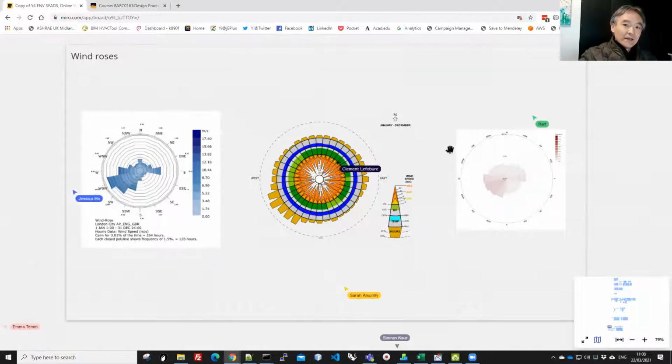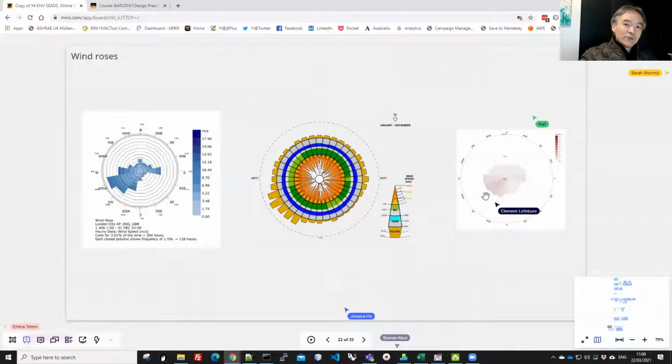And on the right-hand side, you can still see there are probably more frequently winds coming from the west, southwest, but it's nothing as dominating as this one, right? Now, how can this happen?